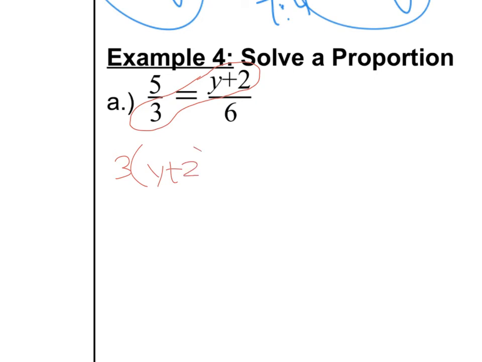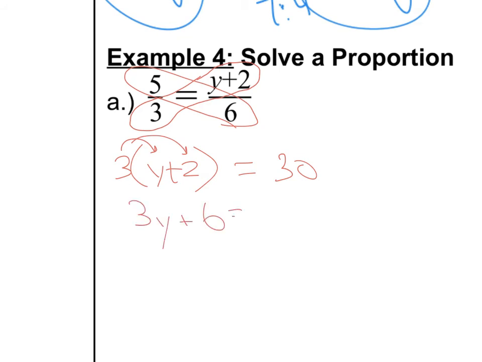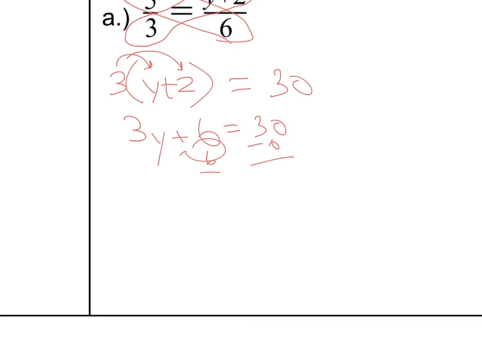We've got to use the parentheses because the 3 is getting multiplied by both. Equals, and then we're going to go 5 times 6, which is 30. Now distribute. 3 times y is 3y. 3 times positive 2 gives me a positive 6. Equals 30. Subtract 6. Now we're just doing a two-step equation like you've done 1,000 times before.